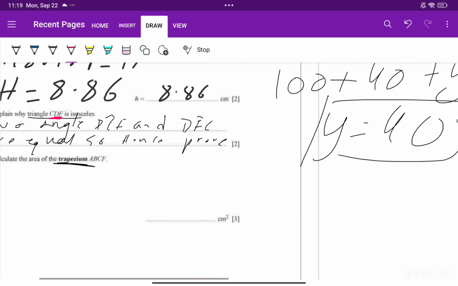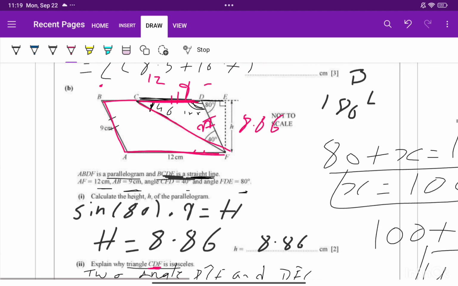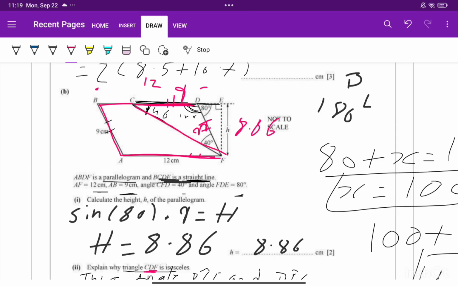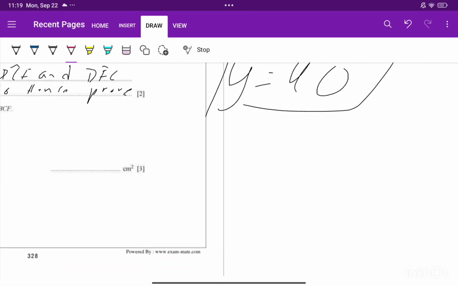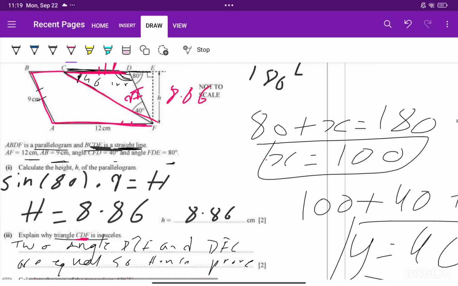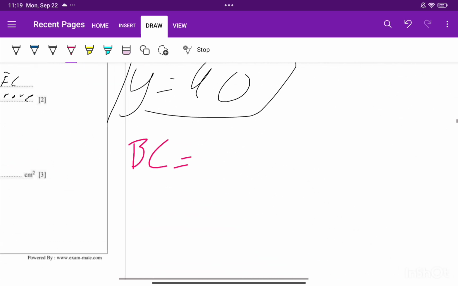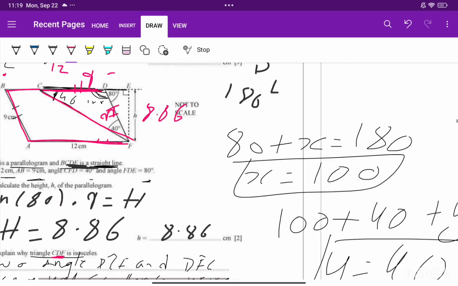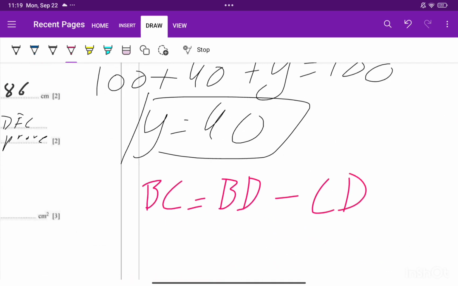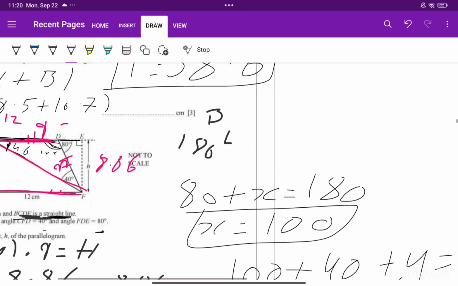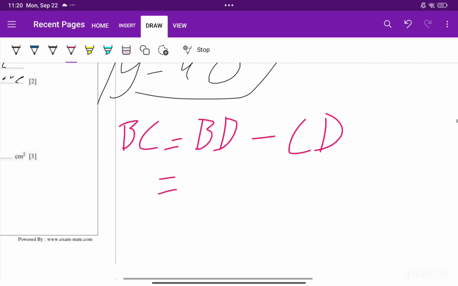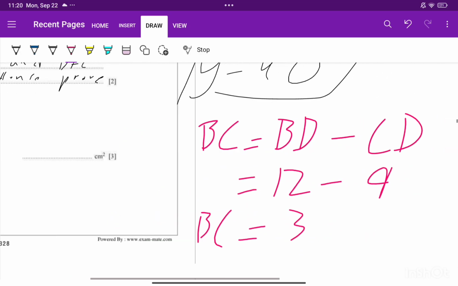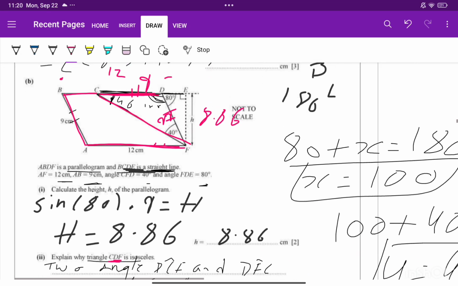So if we subtract CD from BD, we can find BC. BC can be found by BD minus CD. Over here BD is 12, CD is 9, so BC is 3. So we have found this length, this is 3, and we know the height is 8.86.